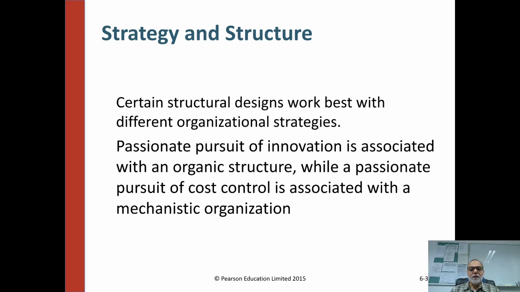If the strategy is to pursue innovation, then the organic structure works well. If the pursuit is cost control, cutting the cost, then the mechanistic structure works well in a cost leadership strategy.